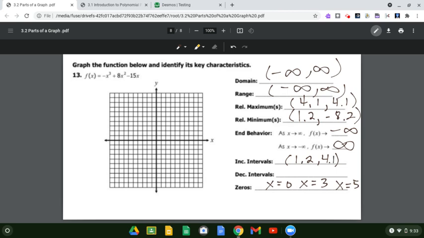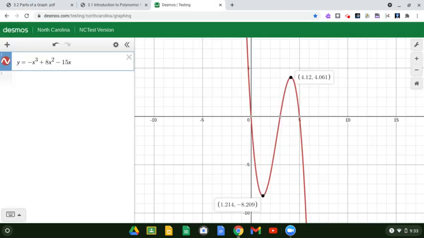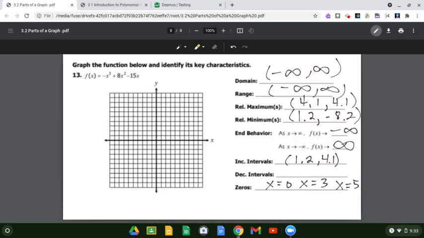Okay, it's decreasing on 2 different intervals: negative infinity to 1.2, and then 4.1 to infinity. Let me just put an arrow here so I can write over here. Negative infinity to 1.2, union 4.1 to infinity. It has 2 intervals of decreasing.